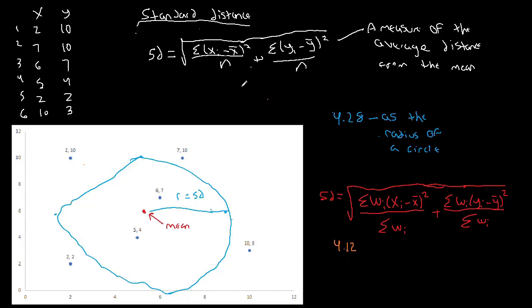But what I do want to cover is how we break this standard distance equation into two pieces, and how we go from standard distance, which is a circle, to this idea of the standard ellipse, because you'll often see it called the standard ellipse.